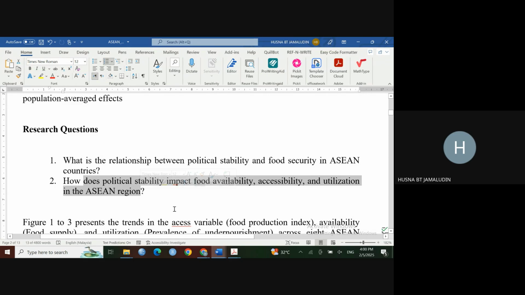So you just change the question form into the statement form.